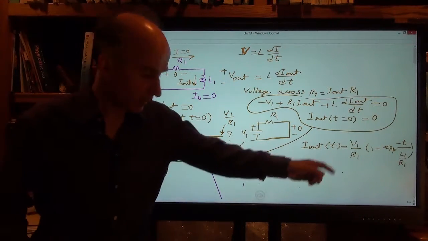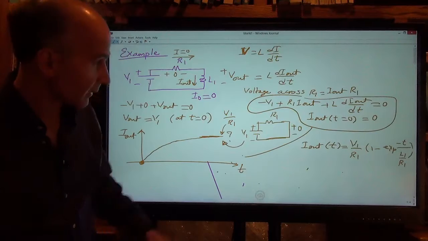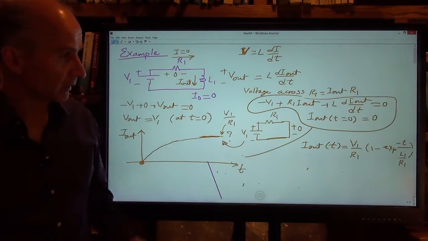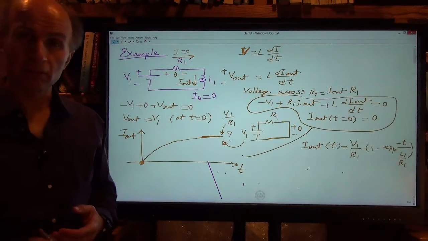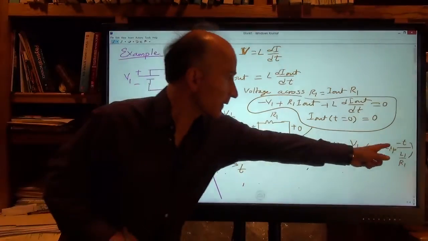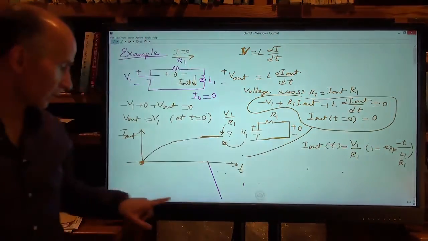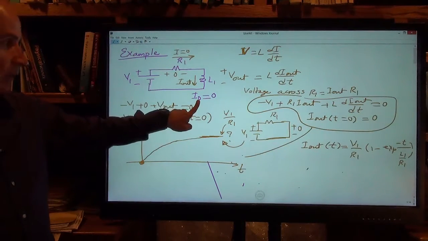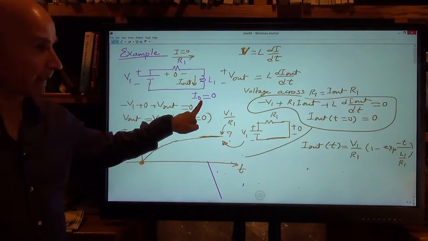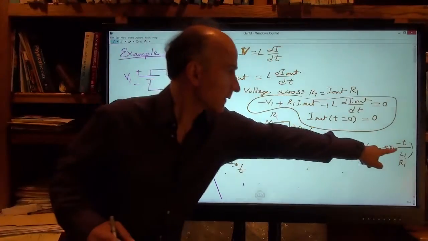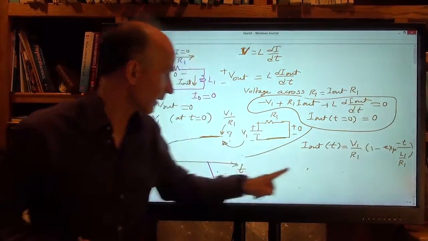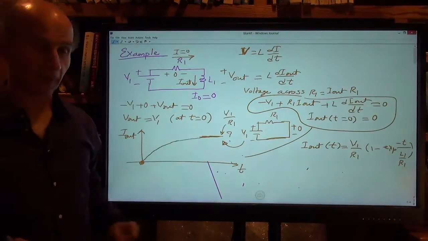If we check this result, which just comes from solving this differential equation, things are sensible. At time equals 0, this exponential is 1, 1 minus 1 is 0, so I out is 0. That's our initial condition. At time equals infinity, this exponential is 0, and we get V1 over R1, which agrees with our calculation before.